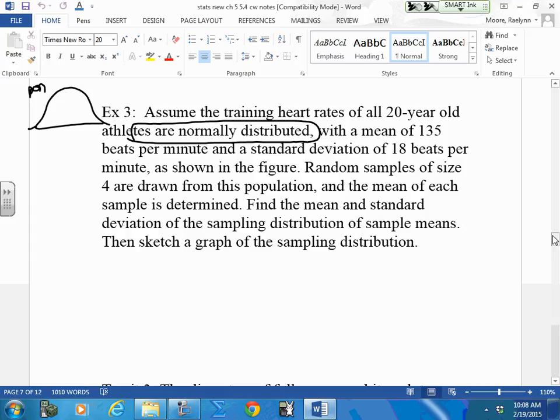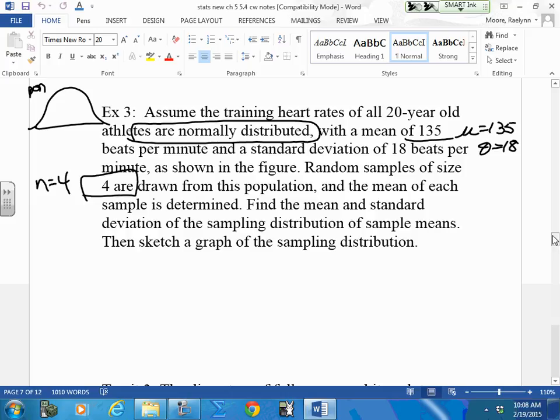No, because my population is normally distributed with a population mean of 135 and a standard deviation of 18 beats per minute. And they showed you a figure there. Random samples of size 4, this is your n, are drawn from this population, and the mean of the sample is determined. You need to find the mean and the standard deviation of your sampling distribution.